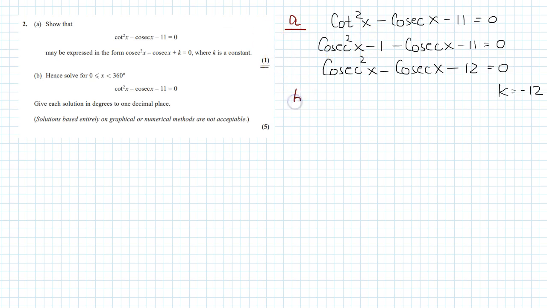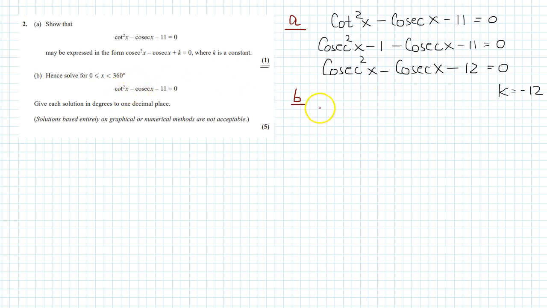Part B. cot squared x minus cosec x minus 11 is equal to 0. So we solve it.